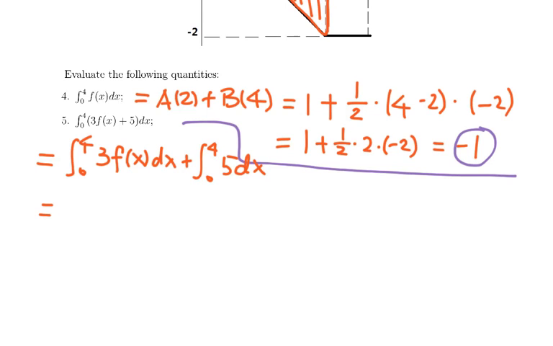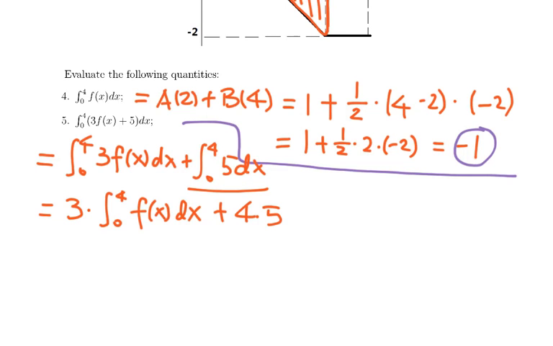And then by applying the linearity one more time, we have 3 times the integral of 0 to 4 of f(x) dx plus, for this second part, it is just the integral of a constant. It is equal to 4 times 5.